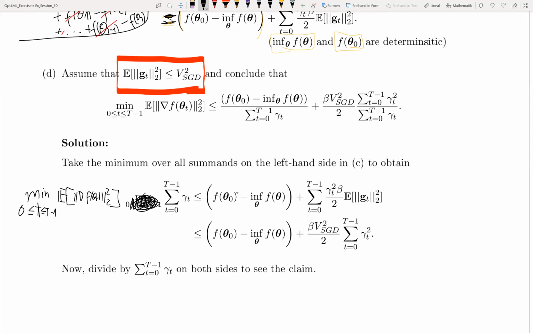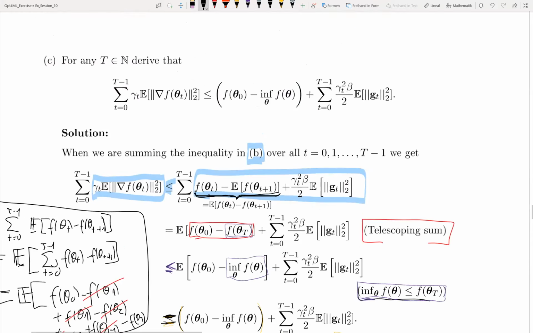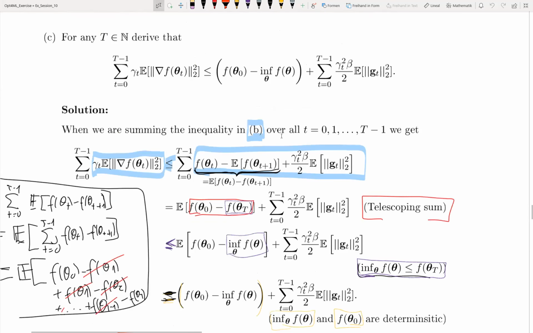And this is a big multiplication sign. Again, from this inequality we have in C, we take the minimum in each summand here with respect to this expected value. So we can write it in front because it's one value, not depending on the t anymore.